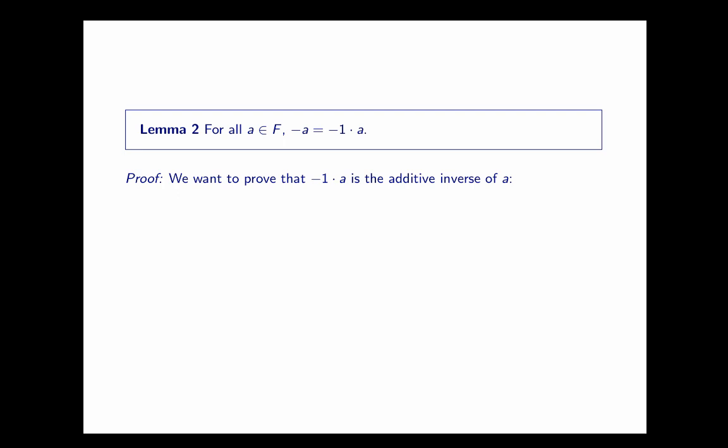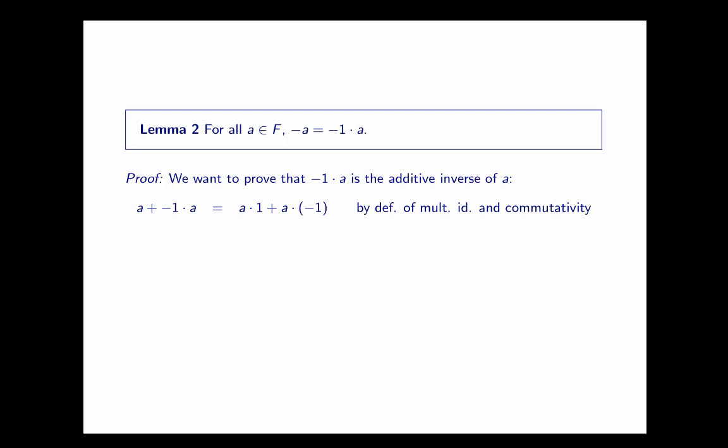In other words, a plus -1 times a yields the additive identity, or 0. Well, that should give me 0. Does it? Well, again, we know right away that a plus -1 times a, of course, is 0, because we've been dealing with real numbers ever since we asked for 2 cookies when we were about 1 or 2 years old.